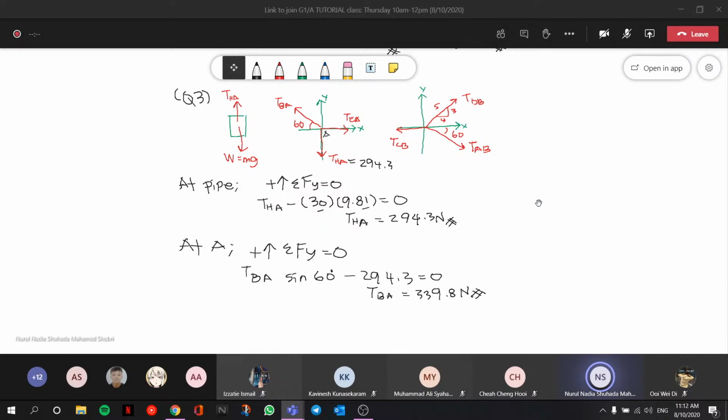Since at point A we also have force acting in the x direction, we solve for that one.